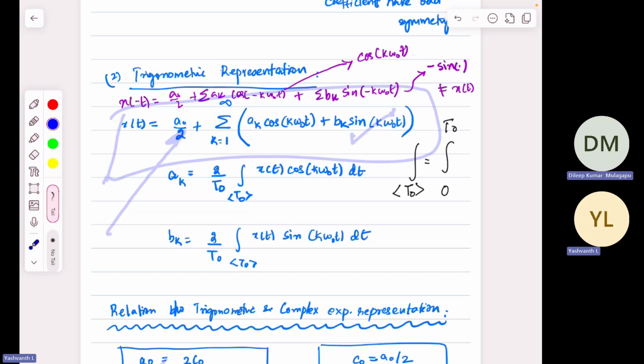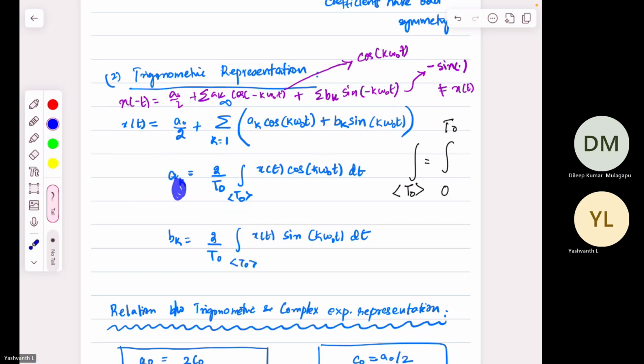In trigonometric representation, where is the a naught value, sir? A naught. So put k equal to 0. So this will not be there. It's just this number. Okay, sir, thank you. Yeah, so just put k equal to 0 here.